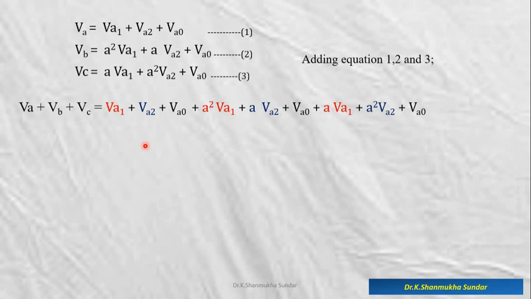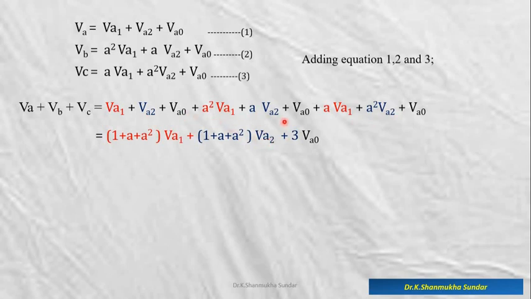So when we add up these things, let us see what happens. In the red colored terms, VA1 is common, so take it outside. What is left is 1 plus A square, isn't it? Similarly, in the blue colored terms, VA2, A VA2, A square VA2, VA2 is common. If you take it outside, it will be 1 plus A square times VA2.